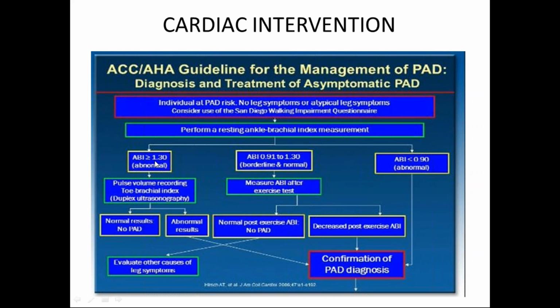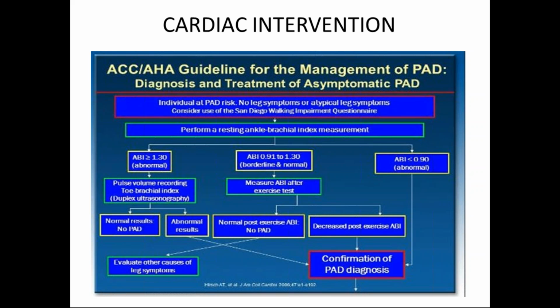So you want to put the cuff on the toe and do pulse volume recording. If you get normal results, then the patient has no PAD and you don't need to do anything more. If you get abnormal results, then you confirm the diagnosis and do the additional workup.